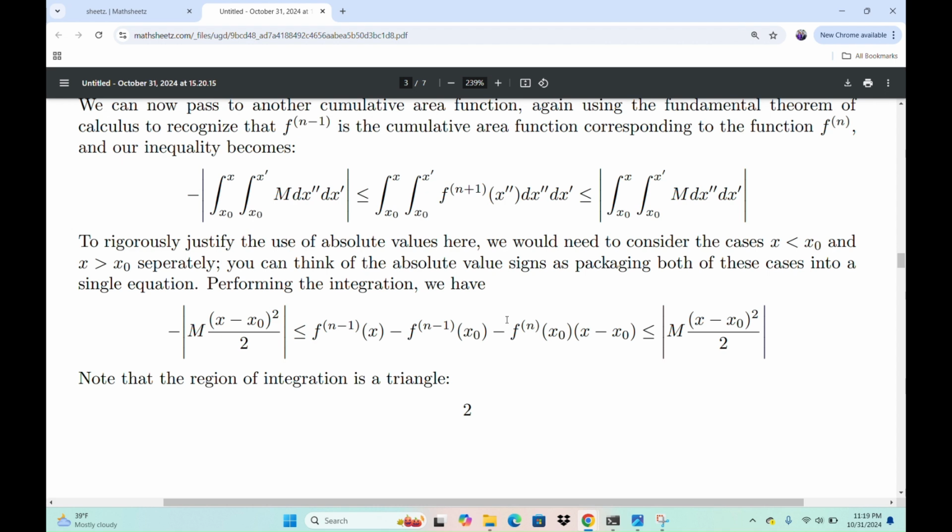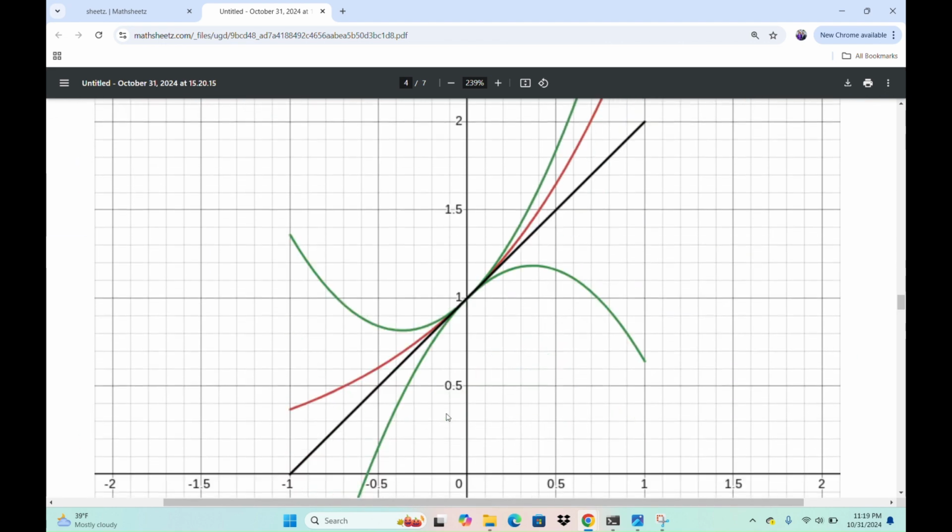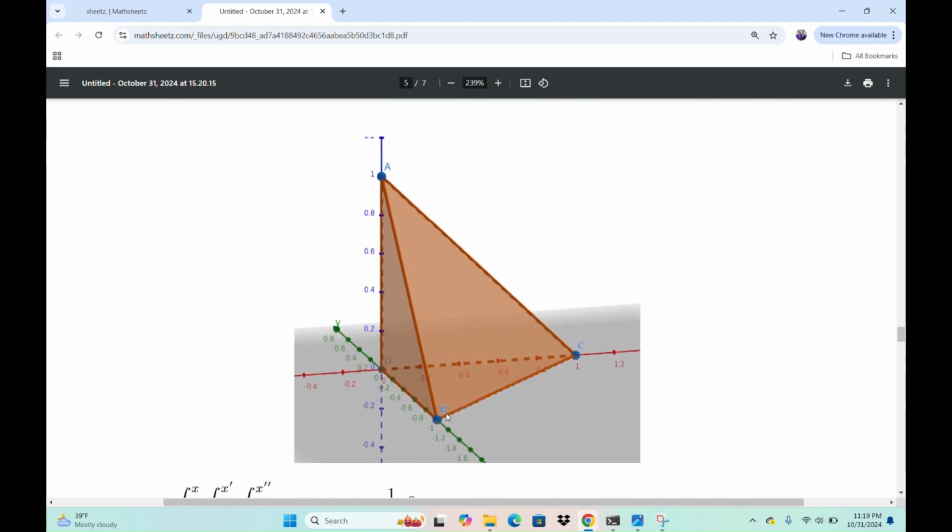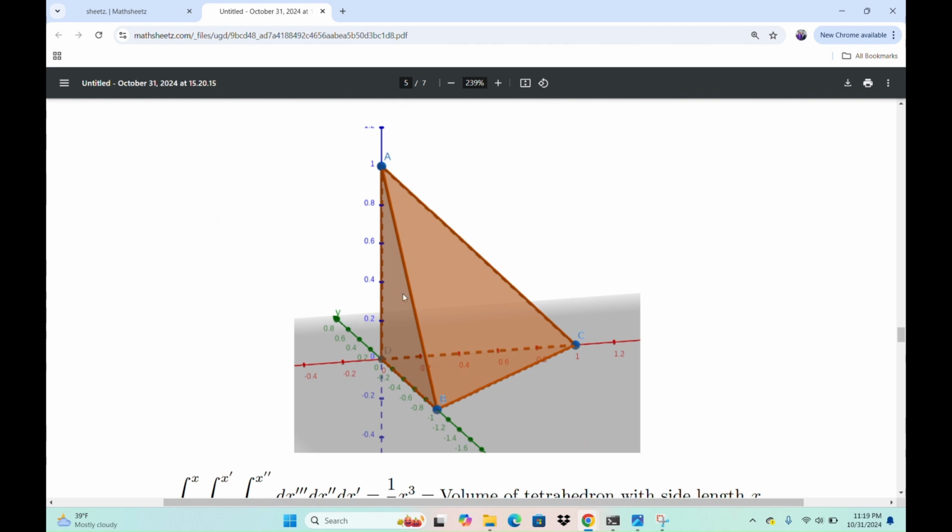Okay? Now, if I integrate these error bounds, what happens geometrically is I'm looking at the cumulative area of a growing triangle. So geometrically, if you visualize a triangle that's expanding in three-dimensional space, what do you get? You get a tetrahedron, okay? So notice this tetrahedron is the cumulative volume, right?